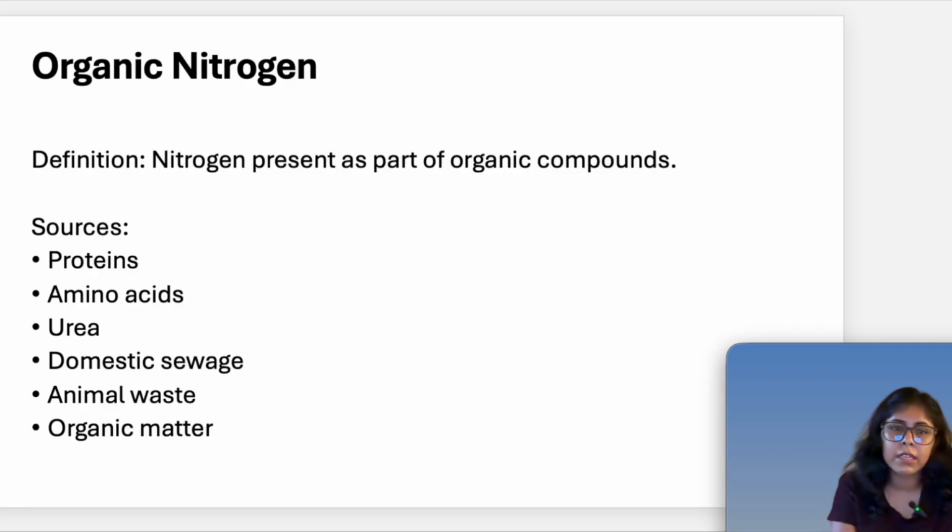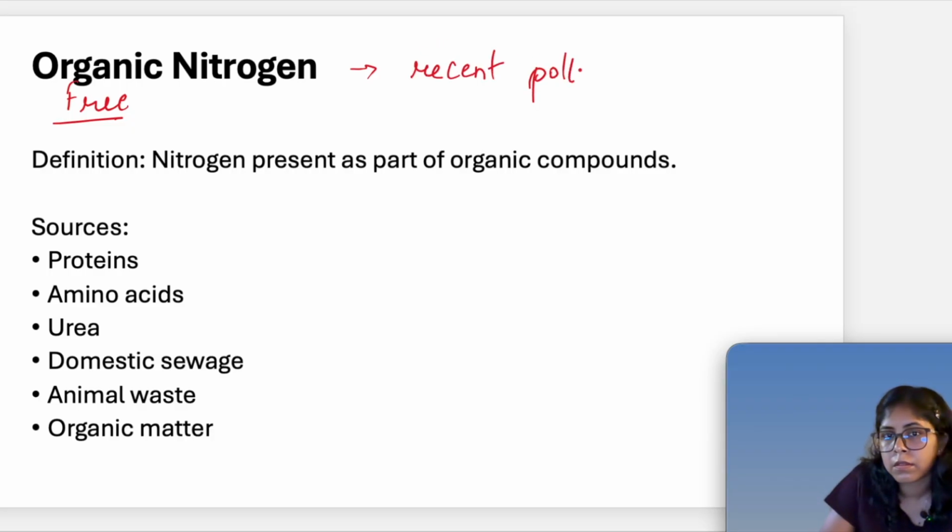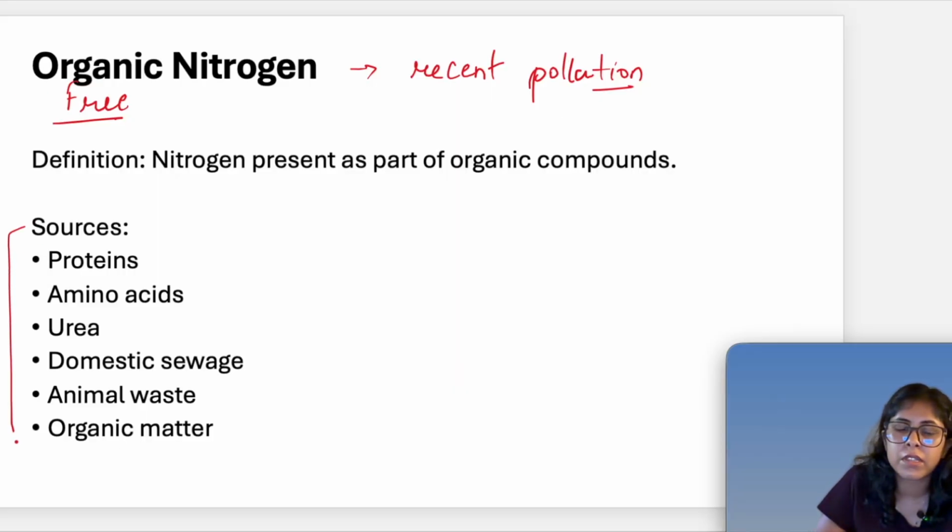First, let's see, we have organic nitrogen. We also call it free nitrogen, right? It's free nitrogen, and if it is present in the water, it indicates there is recent pollution. The sources will be protein, amino acid, urea, domestic sewage, animal waste, and organic matter, right?